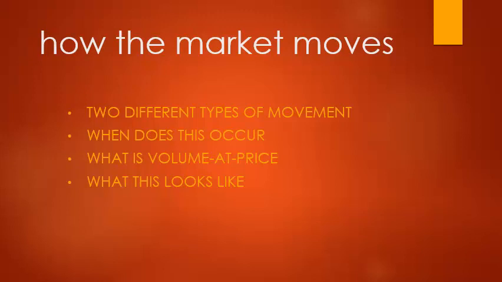So each time volume is transacted at a certain price, it increments a histogram bar at that price level, and over time this histogram builds to show where the highest traded volume has occurred and where there is very little volume, and it ends up looking like a histogram accumulation on the vertical scale of the chart. So let's take a look just real quickly at what this looks like, and then we'll get back into the 4 steps and I'll show you how to use them.